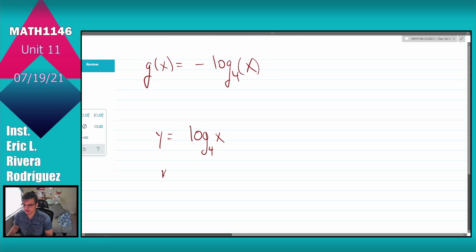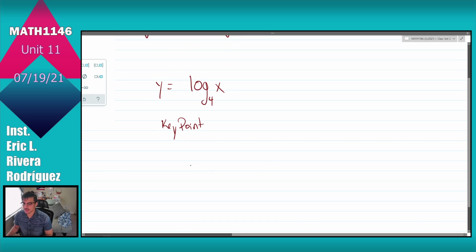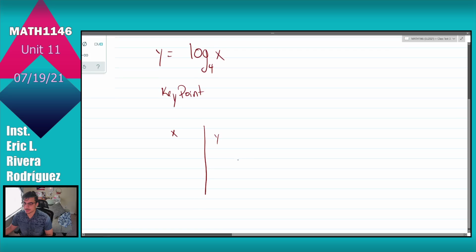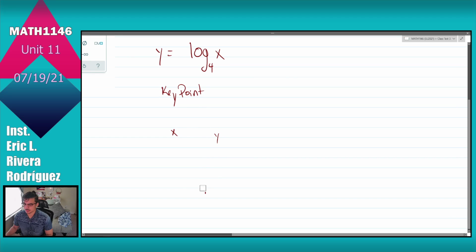Key points for the parent function. How are we going to get the key points here?